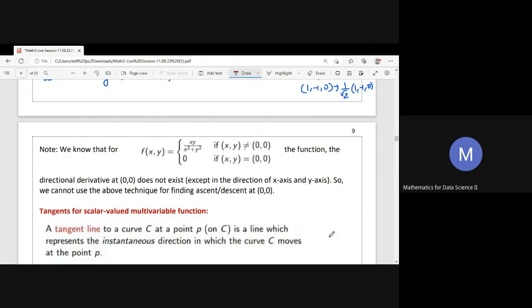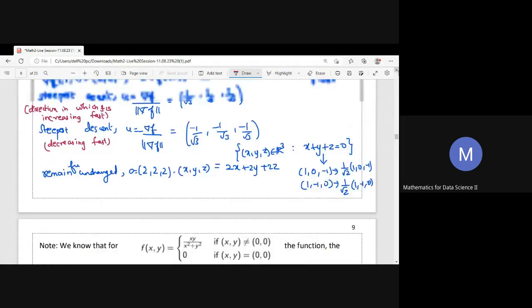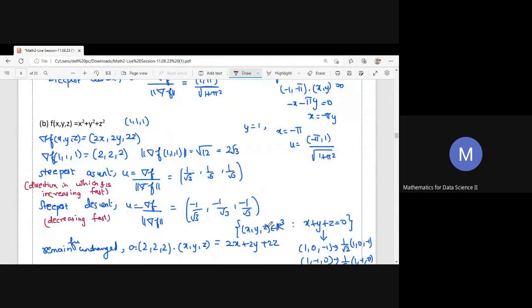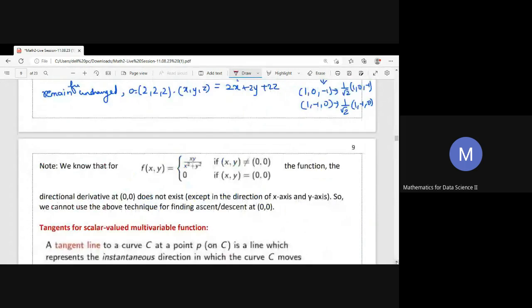Okay, fine. So here in these cases, we were able to find the steepest ascent and steepest descent. But it is not possible that for any given function, you can find the steepest ascent and steepest descent. We have already discussed certain examples where the directional derivative does not exist. For example, in this particular example, at 0, 0 the directional derivative does not exist.